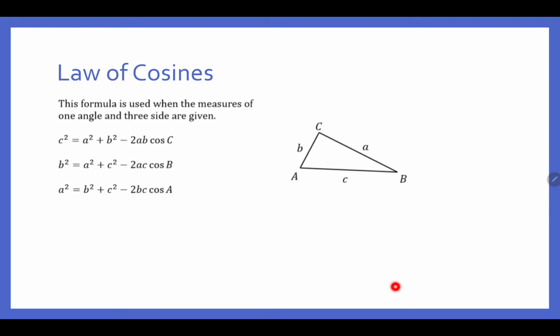Okay, and then we proceed with the law of cosine. This formula is used where the measure of one angle and 3 sides are given.